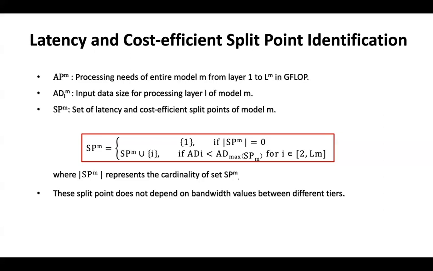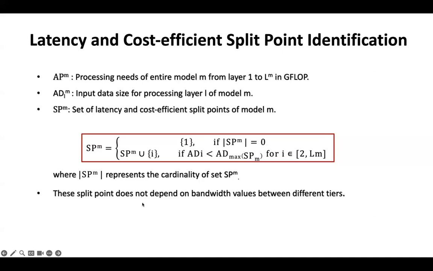Going further, we only add those layers for which the input data requirement is less than the input data requirement of any of the partitioning points that are already added in the set.